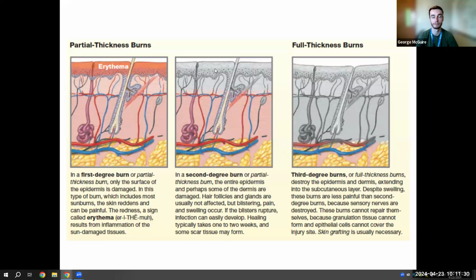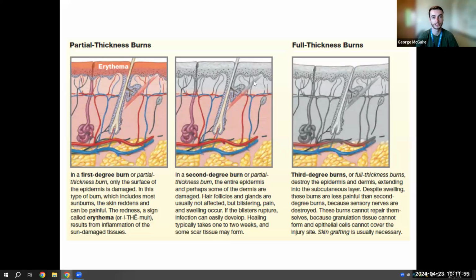Second degree burns have penetrated deeper than the epidermis and have gotten into the dermis. This is more extensive damage since we're now damaging our connective tissue of the papillary layer. We're going to get some damage to the nerve endings and some of the accessory structures that you find in the dermis. So hair follicles and glands are going to need some deeper repair.